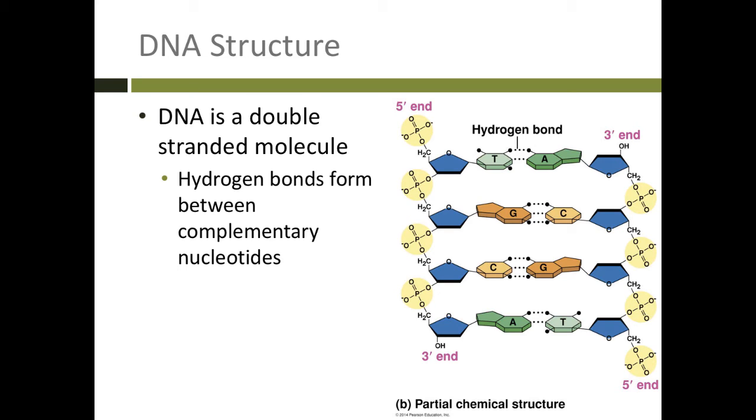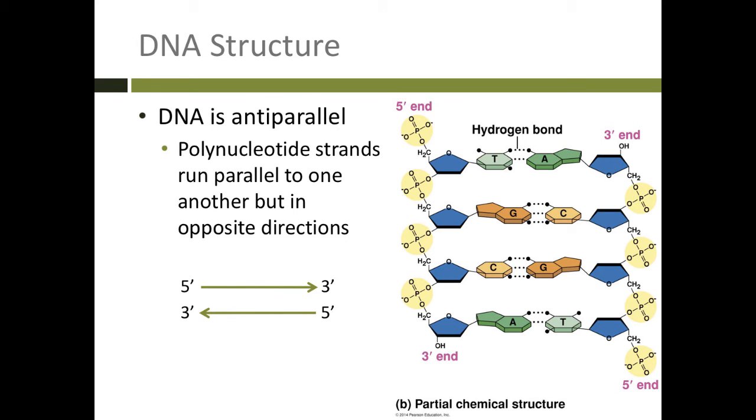Imagine a ladder. The rigid sides of the ladder are the sugar and phosphate backbones, and the rungs of the ladder would be the nucleotides. We've already learned that hydrogen bonds are individually weak, but when you have many of them together, they can hold together a molecule of DNA and keep it in this double-stranded helix shape we're familiar with.